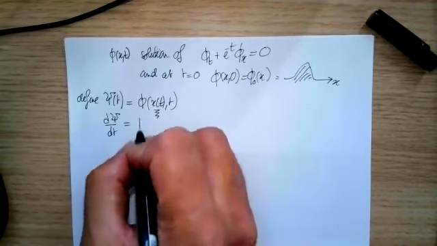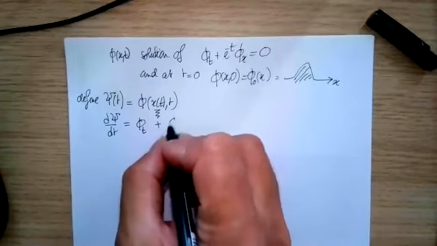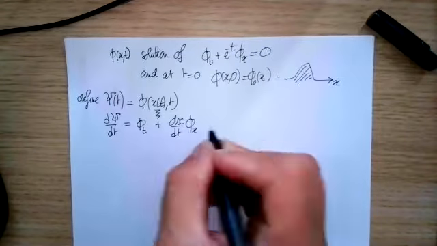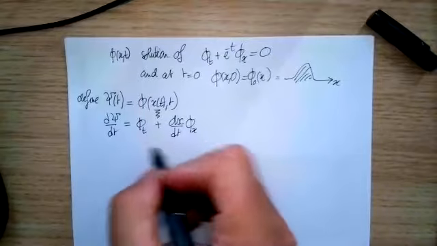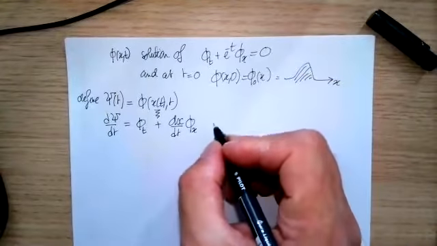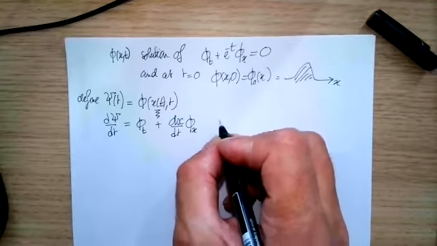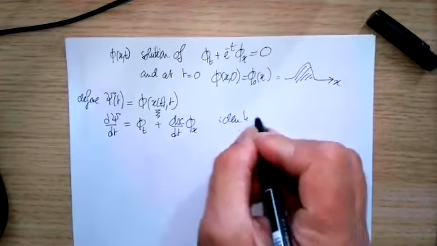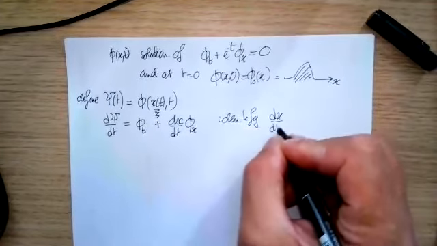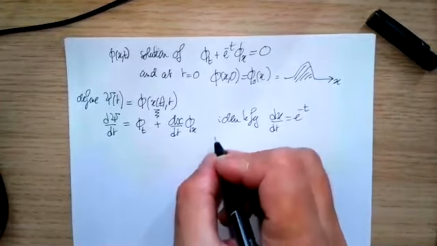Well, there is a part which is just the derivative of phi with respect to t, and then, of course, dx/dt psi x. And if you compare this expression to this one, one is led to think that it would be appropriate to identify dx/dt with exponential minus t.